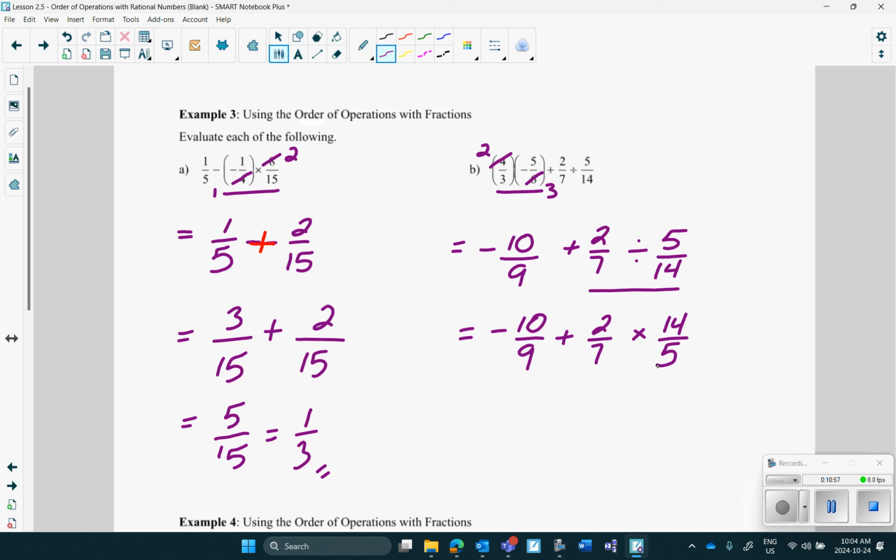And again, you can reduce a pair before you multiply. 7 and 14, I can divide each one by 7. To get 1 on the bottom and 2 on the top. Multiply those two together and I get -10 over 9 plus 4 over 5.